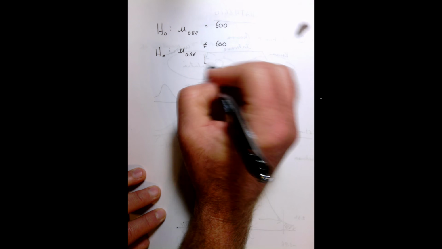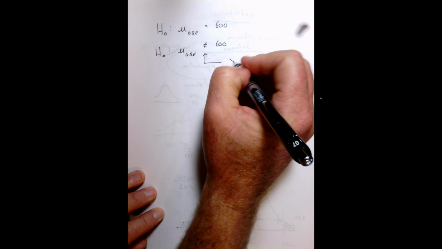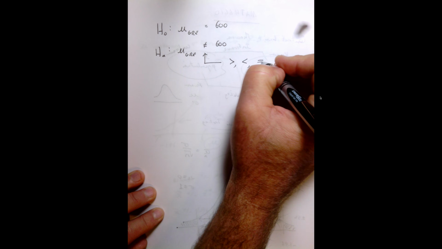Now the structure of the pairs of hypotheses, the null and alternative hypotheses, is that you put a competing inequality. You want to test greater than, less than, or not equal to.